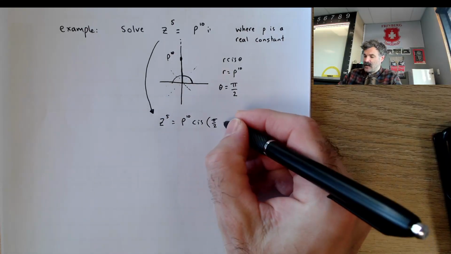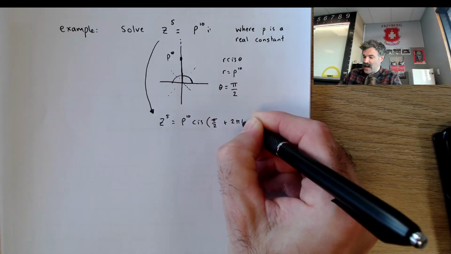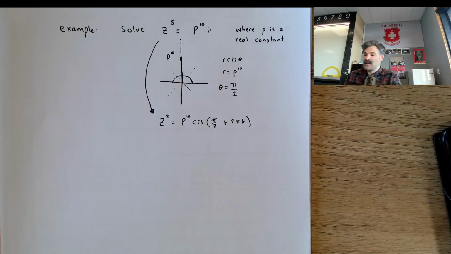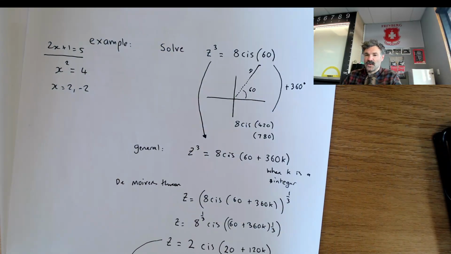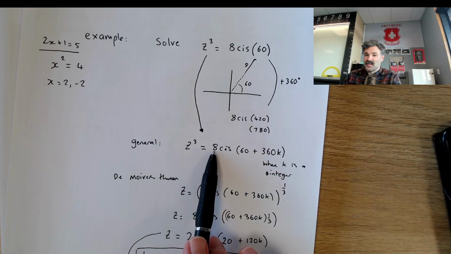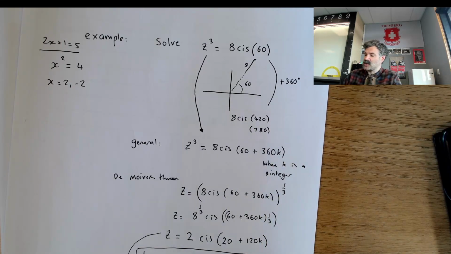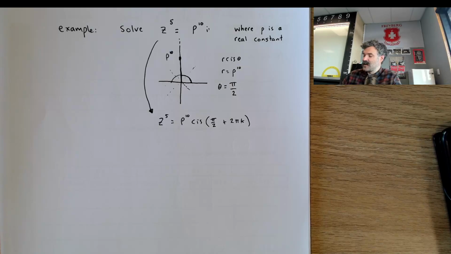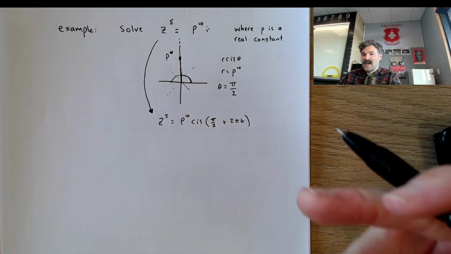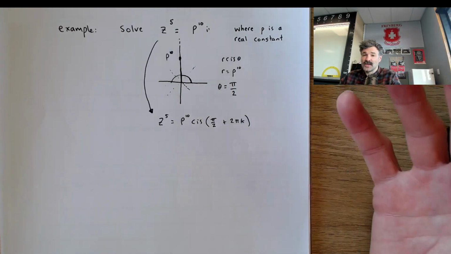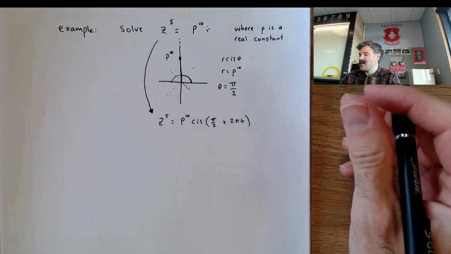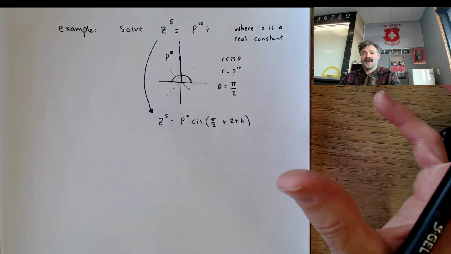So I'm going to add 2 pi k onto this. That's jumping straight to the equivalent of the part we did in that last question, where I added 360k. I'm adding 2 pi because I'm in radians. Most textbooks and answers are using radians as opposed to degrees. I believe in the exam you're allowed to use either.